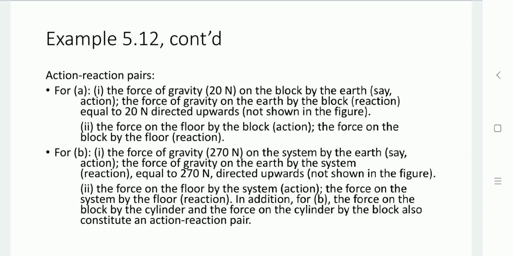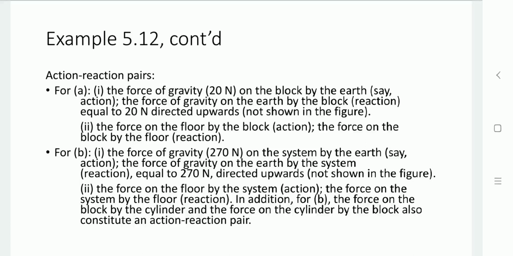So an action reaction pair generates mutual forces which should be equal and opposite between two bodies. Forces on the same body that happen to be equal and opposite never constitute an action and reaction pair. For an action and reaction pair, these forces must be on two different objects. On the same object, this pair of forces cannot apply.